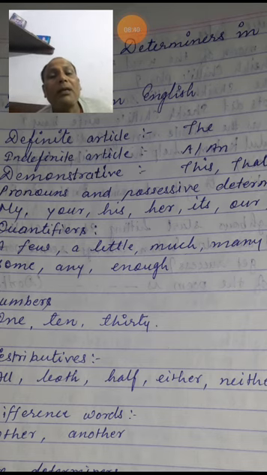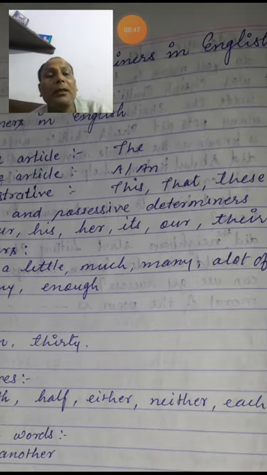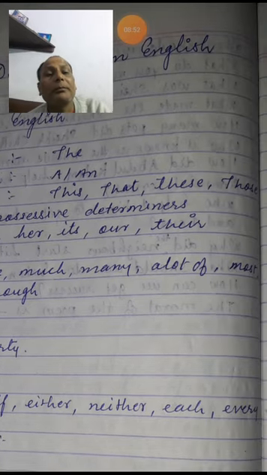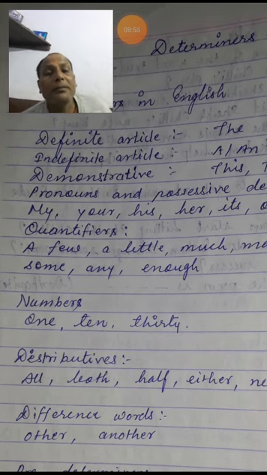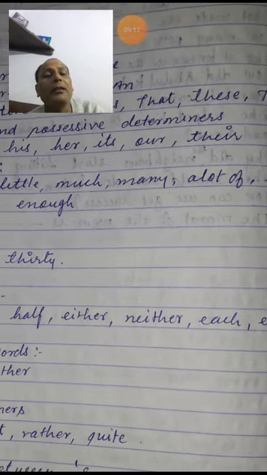And the determiners which are quantifiers: a few, a little, much, many, a lot of, most, some, any, enough. For numbers you can use 1, 10, 30, anyone. Distributives: all, both, half, either, neither, each, every.